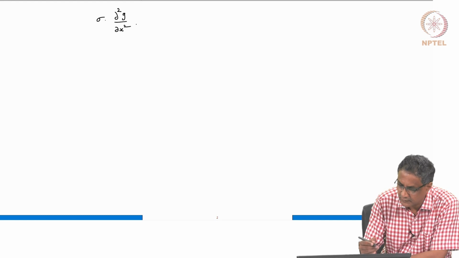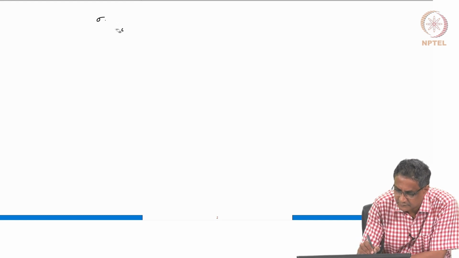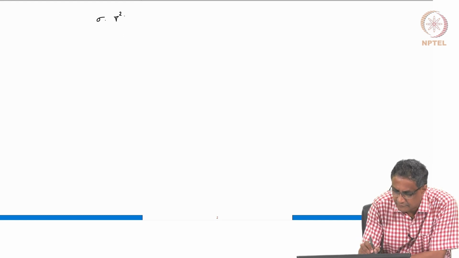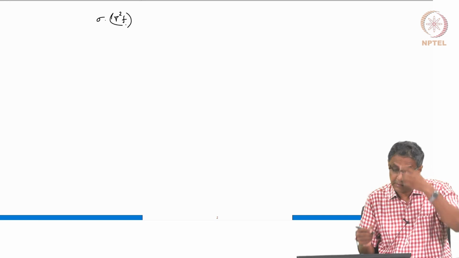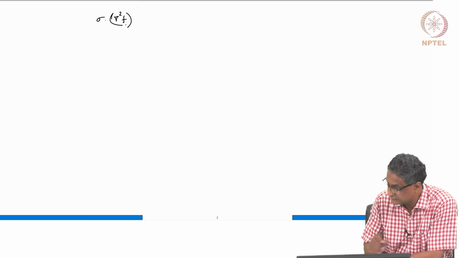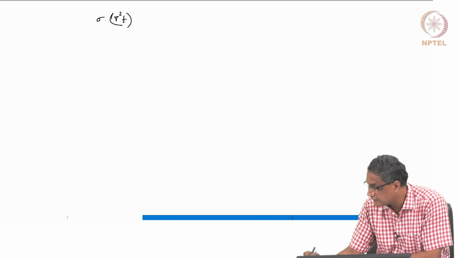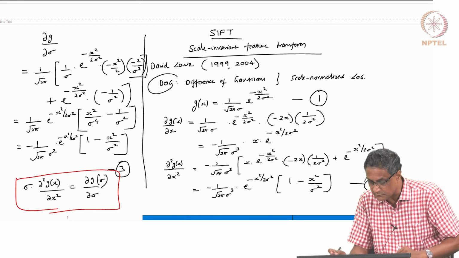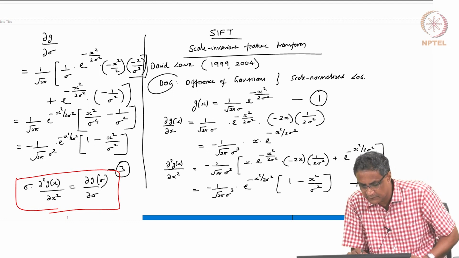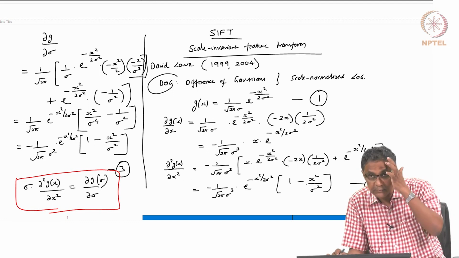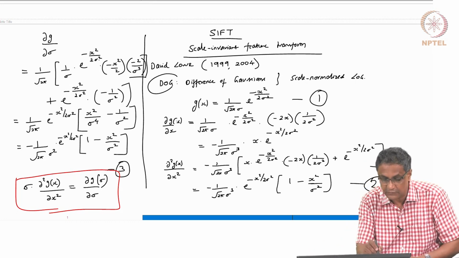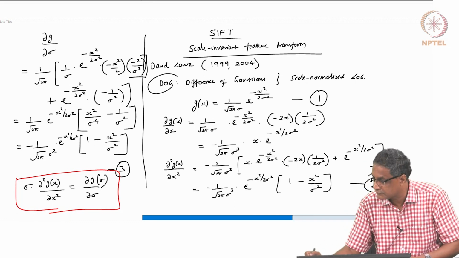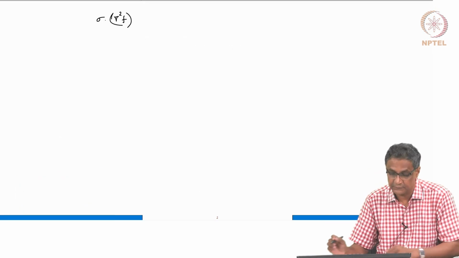From now on, I am going to simply write this as del square f, which is a Laplacian. The same thing will hold good. A Laplacian will involve x square plus y square by sigma square, which will also come here if you do this with respect to sigma. So the 2D is just straightforward.